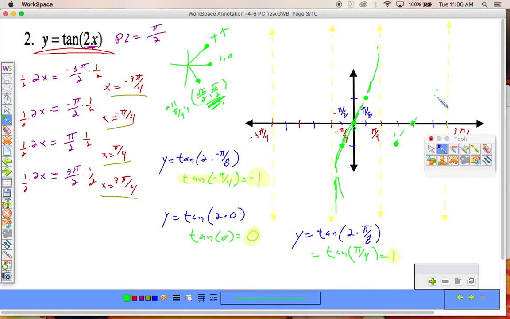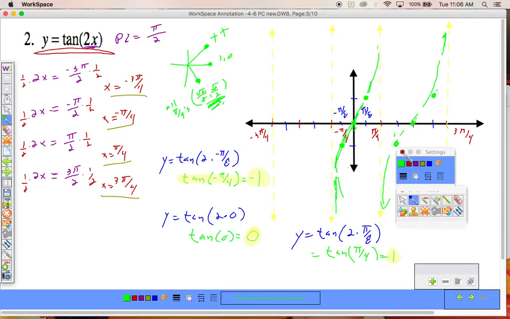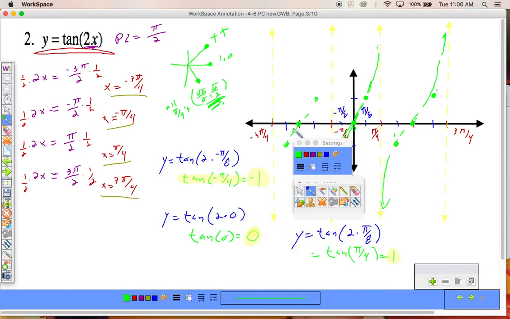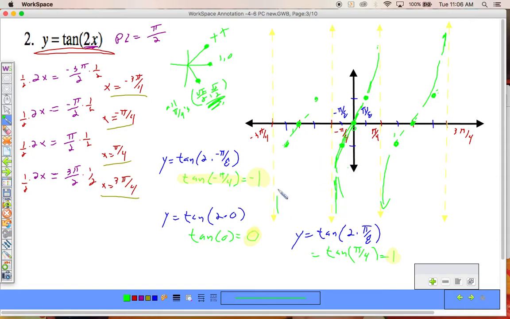I don't know why my pen's having so many issues. Excuse the sloppiness, but I don't know what's going on with this. There we go, finally. And that's the tangent of 2x.